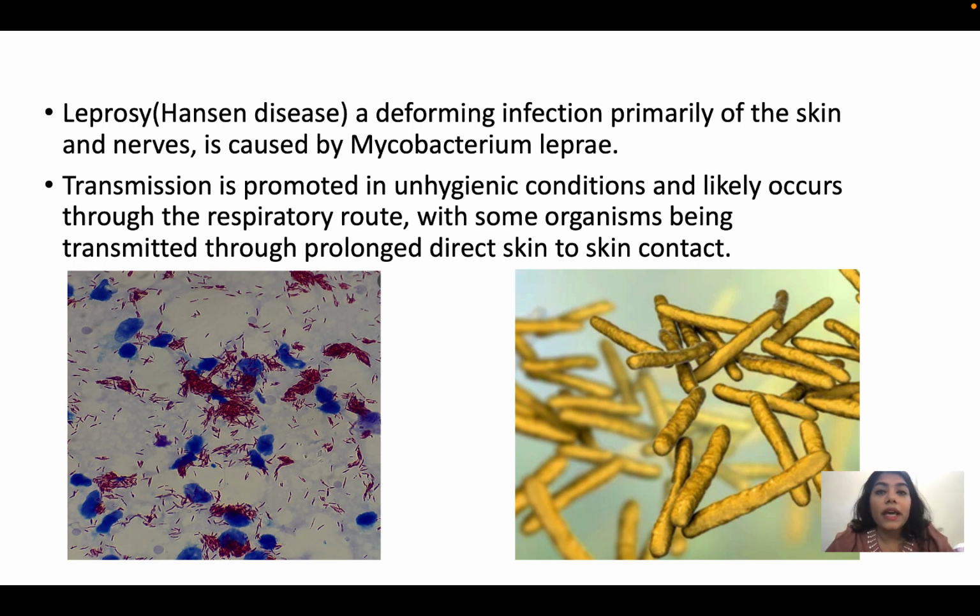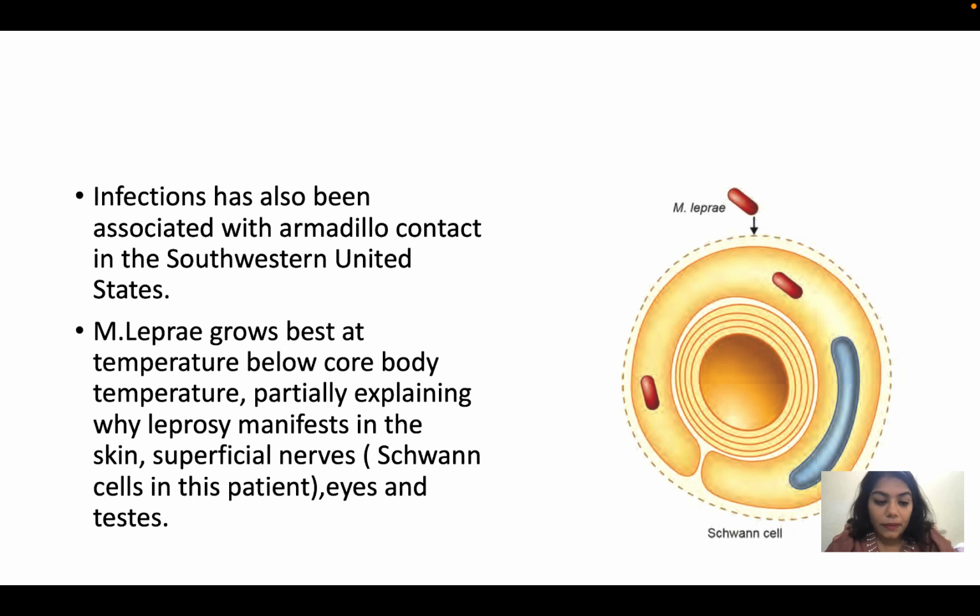In those areas where leprosy is endemic, it is seen with more frequency, and the transmission occurs basically through the respiratory route. And some organisms can also be transmitted through prolonged direct skin to skin contact. Infection has also been associated with armadillo contact in the southwestern US.